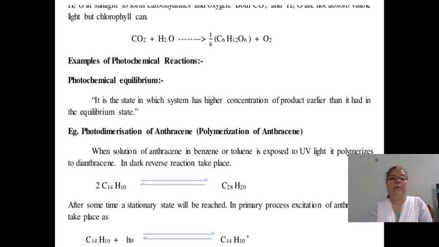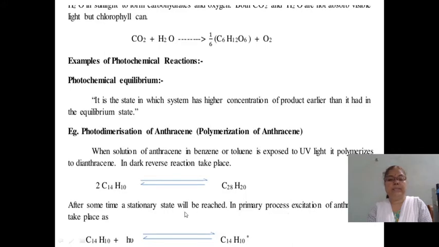So the photochemical equilibrium state is the state in which the system has a higher concentration of product than it had in the equilibrium state. After some time, a stationary state will be reached.